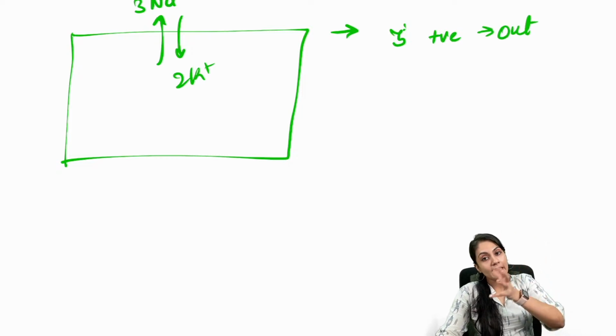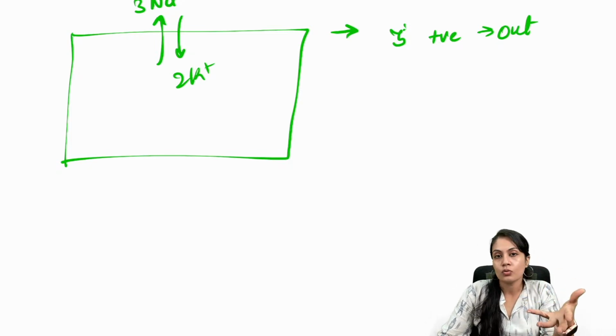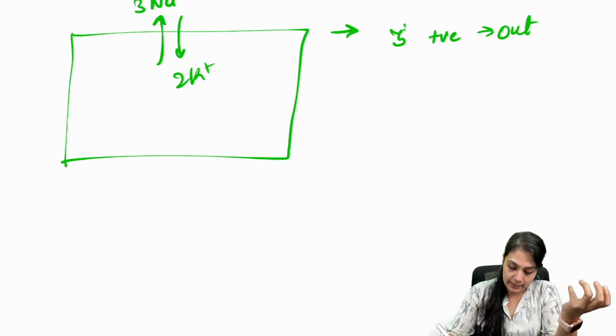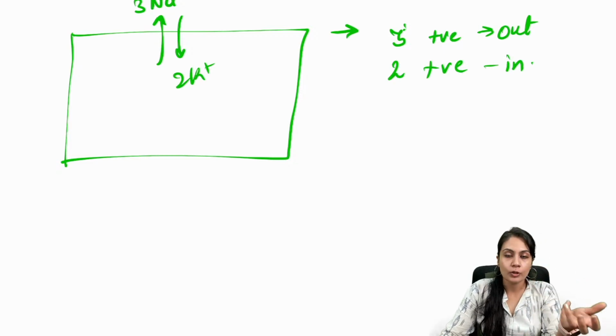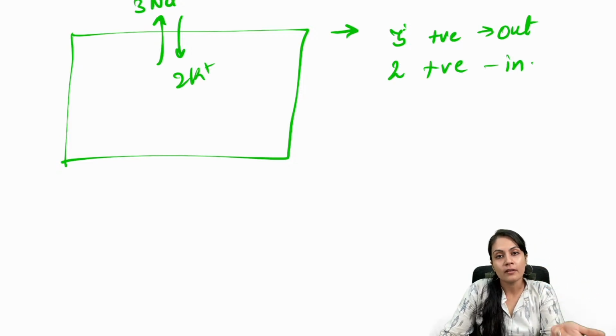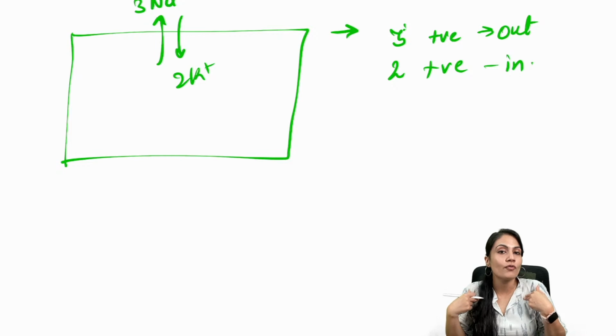That means, let's say the potential is 1, so 3 negativities are accumulated inside the cell. Then comes 2 positive in. If I give someone 3 rupees, and instead of returning me 3 rupees they only return me 2 rupees, right? So that means I'm at a loss of 1 rupee.